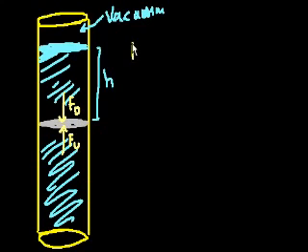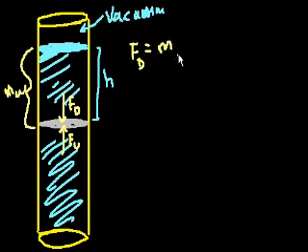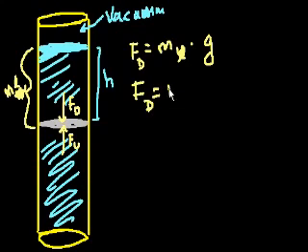The force down, which is the same thing as the force up, is going to equal the mass of this liquid times the gravitational constant. Actually, I shouldn't say water, because I said this is some random liquid. So the force down is equal to the mass of the liquid times gravity.